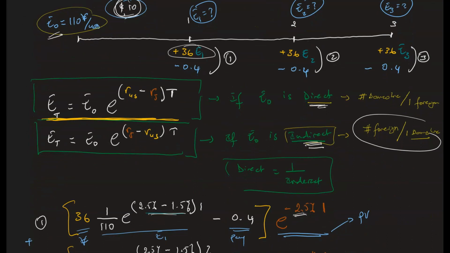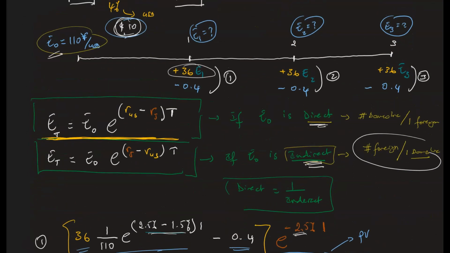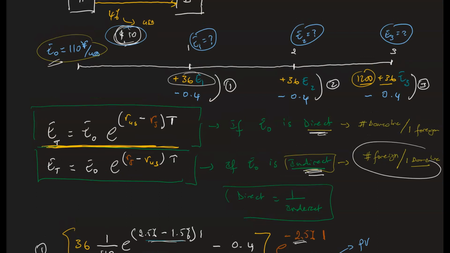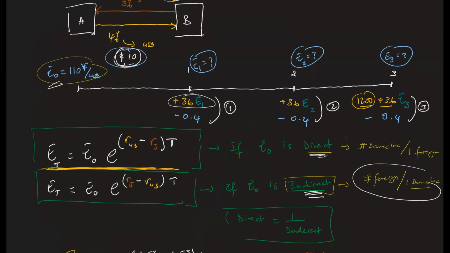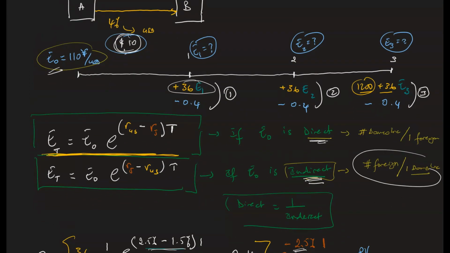So my cash flow at the end here should be reflecting that notional amount, which is 1,200 here plus the 36, which is what we are receiving. That is the amount of Japanese yen that we are receiving at the end, and we are paying 10 million US dollars.